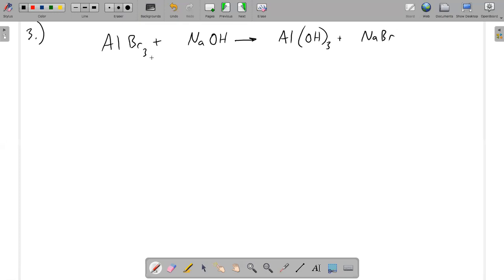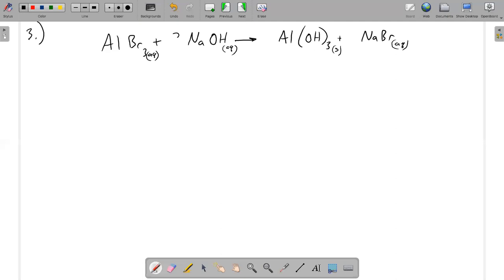Turns out, if you look up on the solubility chart, this aluminum hydroxide, that's the solid. The sodium bromide, that's aqueous. These are also aqueous. So that's a common double replacement reaction, and it's not balanced. The hydroxides are what's wacky.